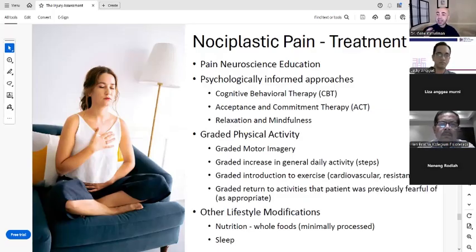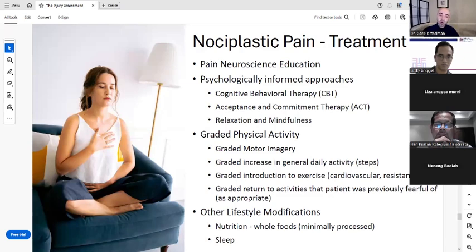There's no amount of just exercise or hands-on therapy or ultrasound or electric stimulation that will help these patients. They need to understand what is going on. They need to change the way that their mind works to help with this.